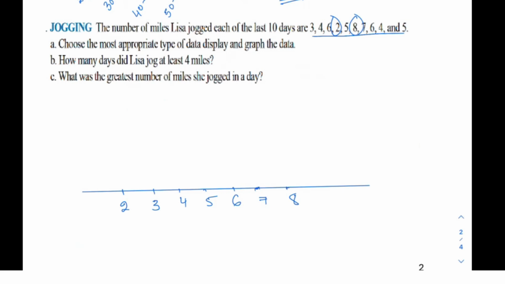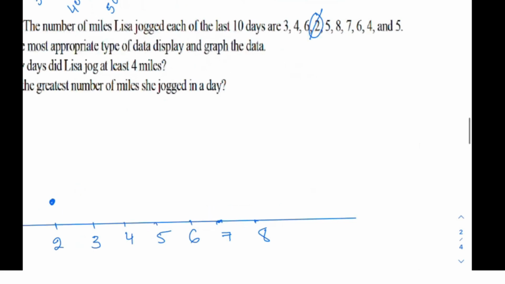Let's count now. 2, we have only 1, so 1 dot. We have 1 three. We have 2 fours, and 2 fives. We have 2 sixes, 1 seven, and 1 eight.